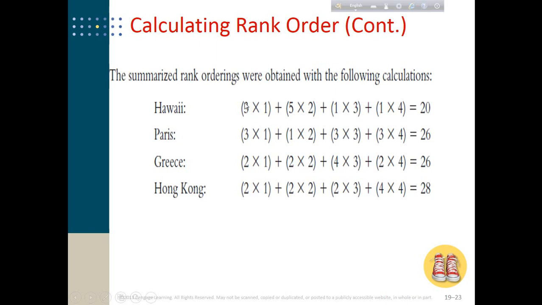Since we are multiplying the number with the priority, the lowest score indicates the most favorable place. So Hawaii got the lowest score, 20. It means that Hawaii is the most attractive place among the executives for their next annual general meeting. So this is the rank order. That's another way of transforming data.